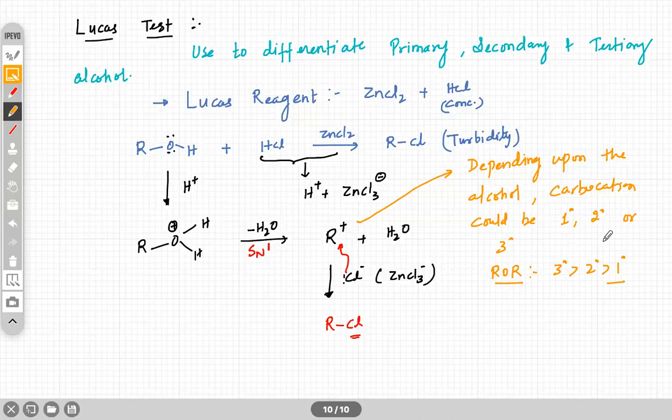If turbidity appears very fast, within seconds, then it is tertiary. If turbidity appears in minutes, that is secondary. If it takes hours, then it is primary. And primary does not go under Sn1, it prefers to go under Sn2 reaction.